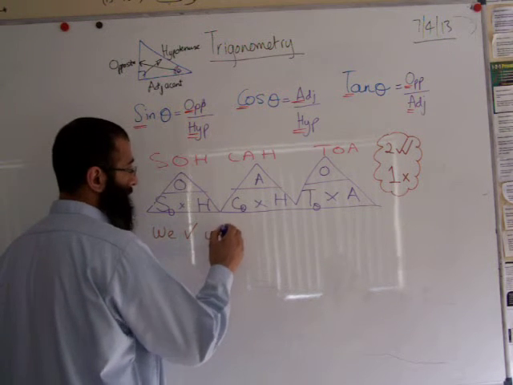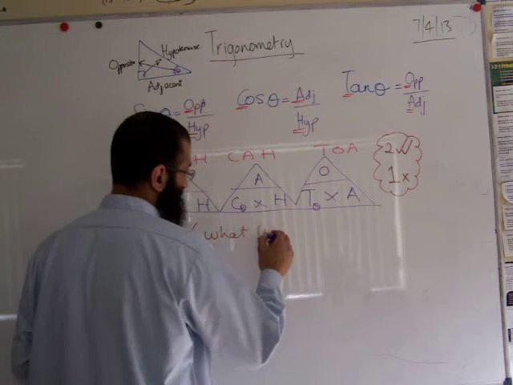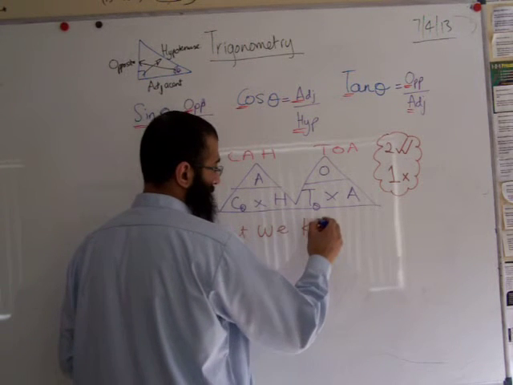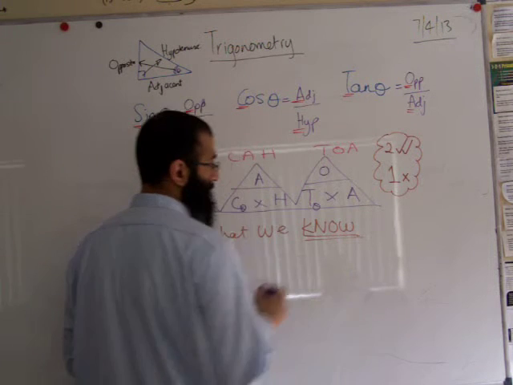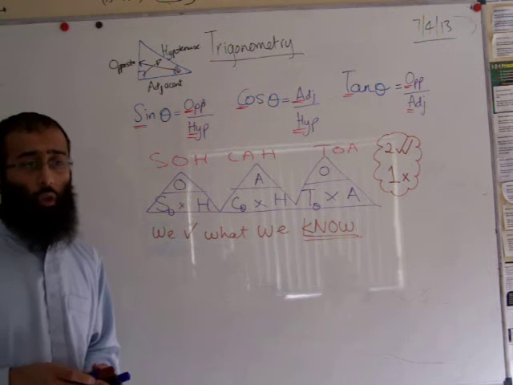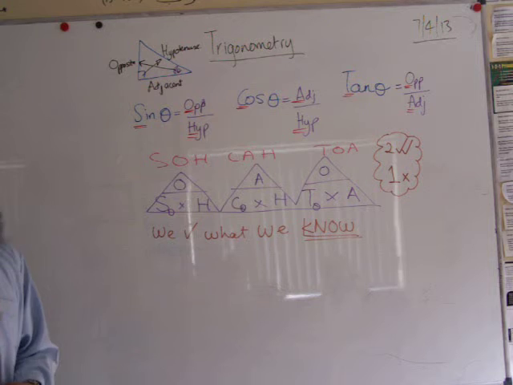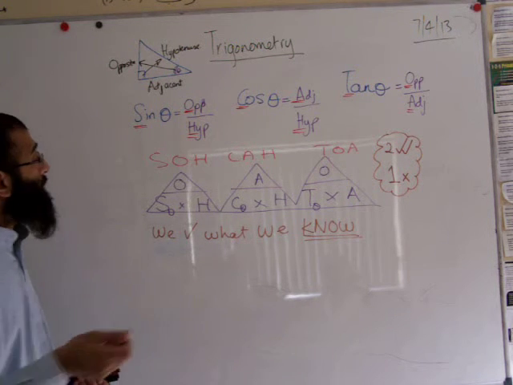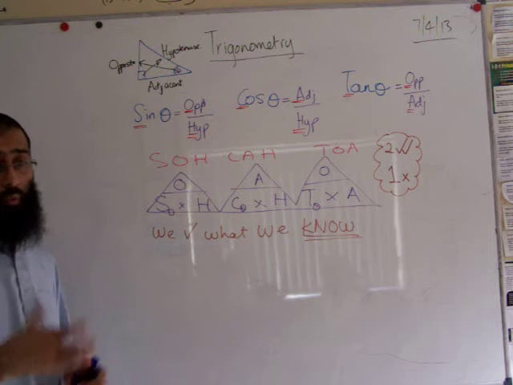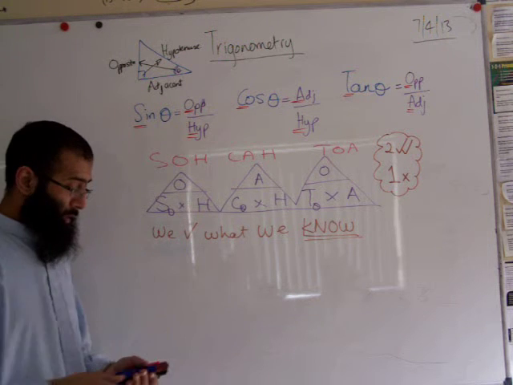We tick what we know. In that question, from the information that we're given, if you know the adjacent, we tick the adjacent. If you know the opposite, we tick the opposite. So we start ticking the things that we know.